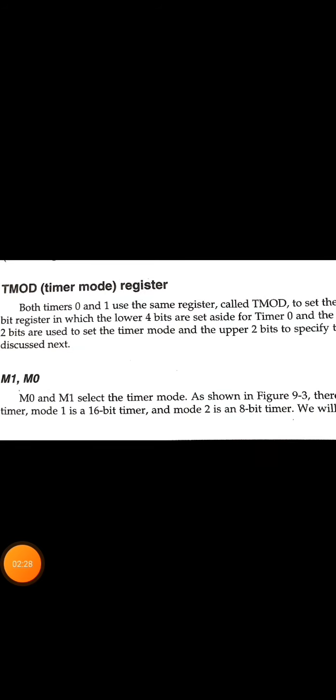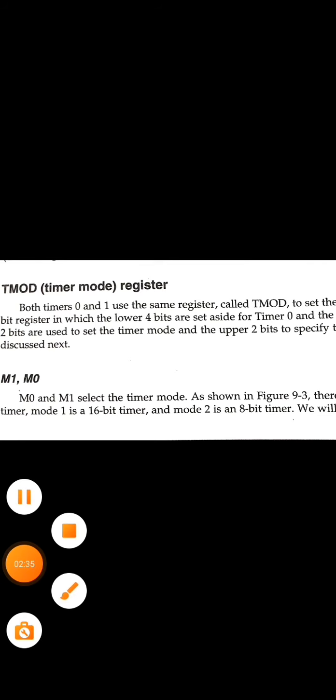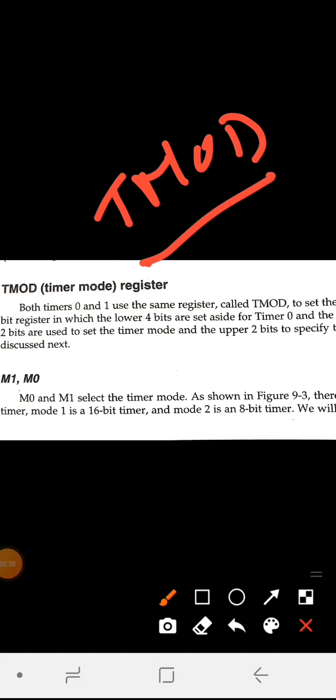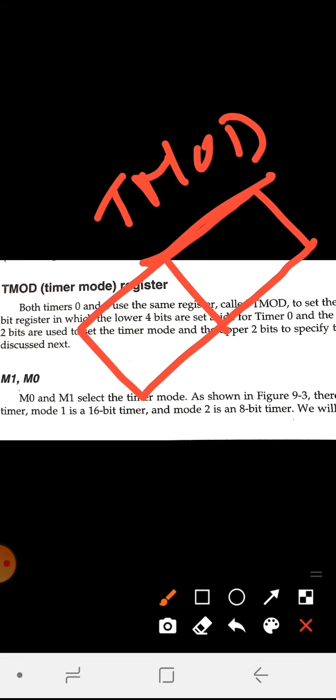Both the registers we have discussed, timer 0 and timer 1, use a register called the timer mode register, which we call TMOD. This TMOD is an 8-bit register where the 8 bits are divided into two sections, lower and higher. The lower part of TMOD is given for timer 0 and the higher section is given for timer 1.